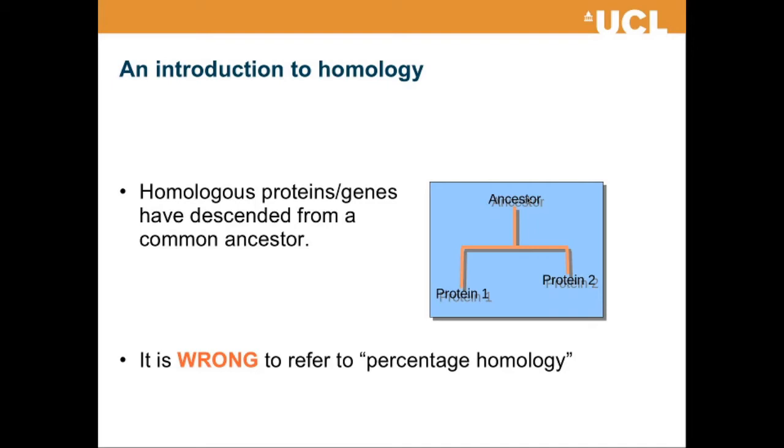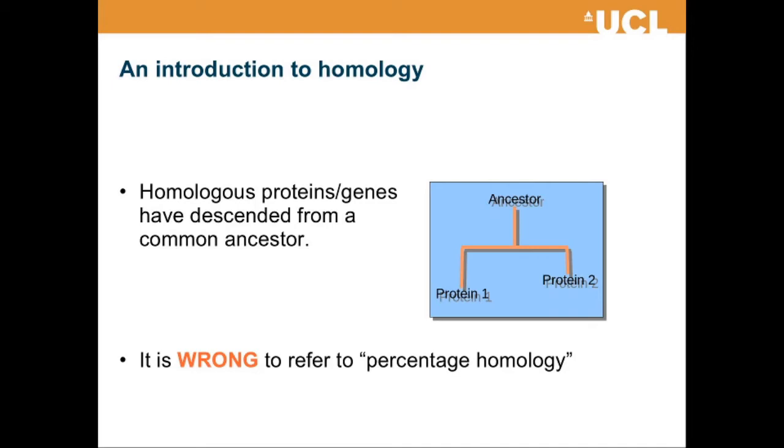It's therefore wrong to refer to percentage homology. That is just not possible. You're either homologous or not, just as you can't be 50% pregnant or 20% dead. Now, of course, with pregnancy or death, you could measure how long somebody has been pregnant for or dead for.